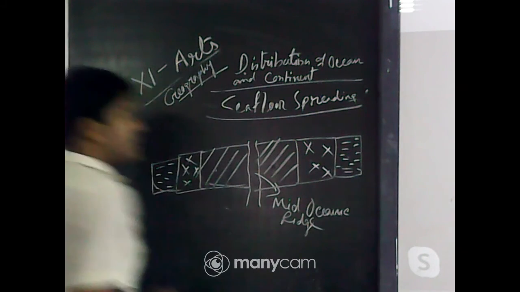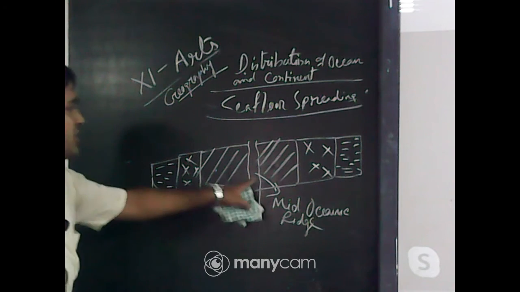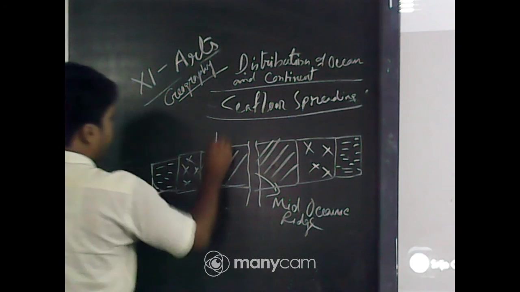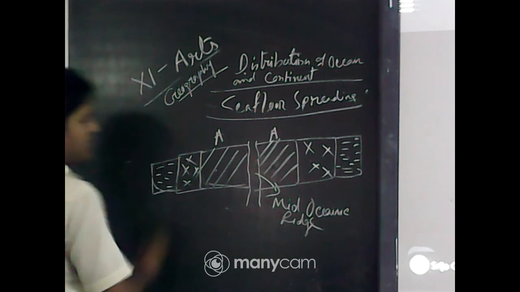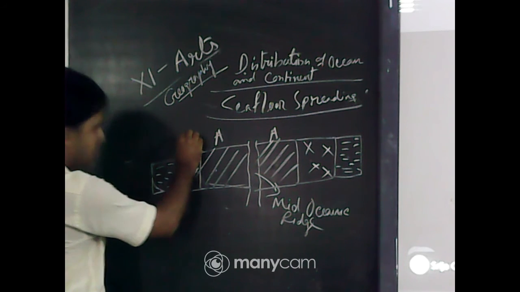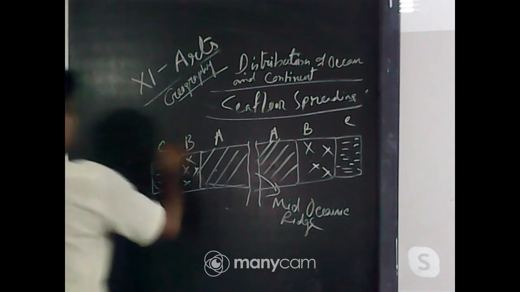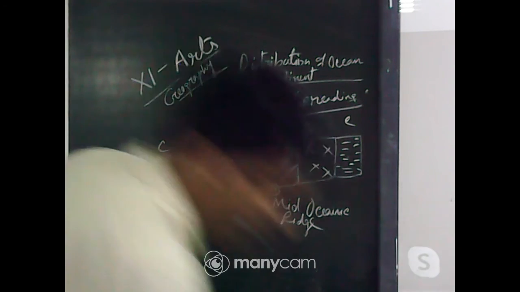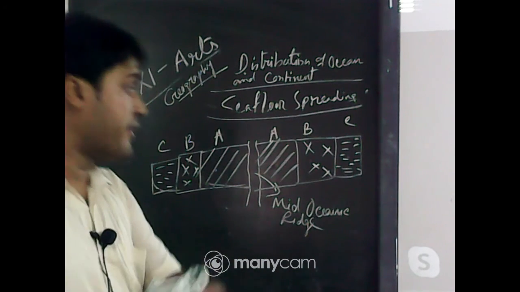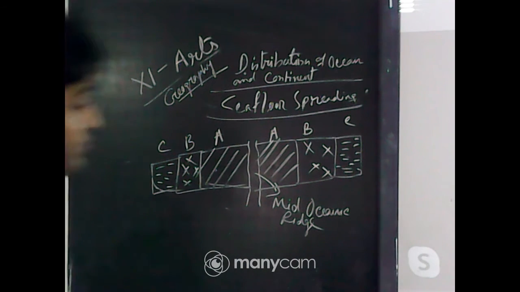So from this picture you can understand, from the mid-oceanic ridge, this is A, this is B, this is C. So among these three parts, which one is much older? Now you will tell me.